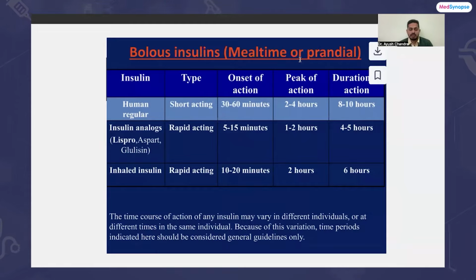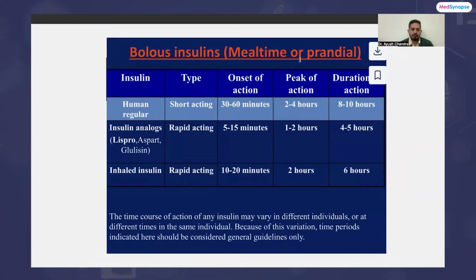And still it is called intermediate because the duration of action stays around 8 to 10 hours. And the analogs which are available, the rapid acting ones, are Lispro and Aspart, and these work very quickly. In 5 to 15 minutes they start. That's why we always ask to take them 15 to 20, 30 minutes before the meal, so that the onset is not delayed. And the duration is 4 to 5 hours.